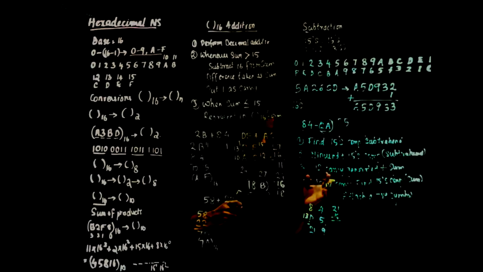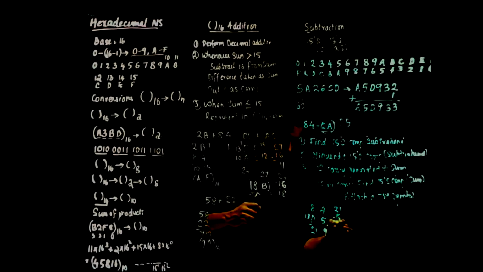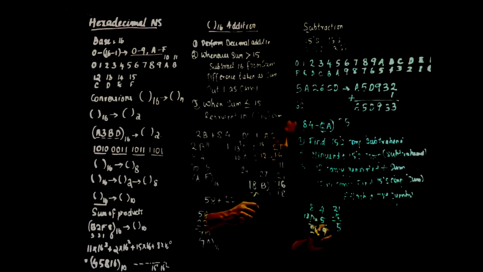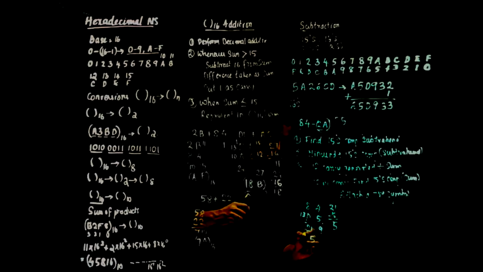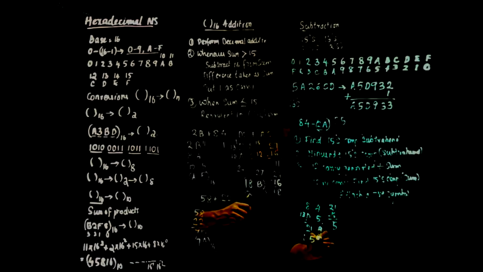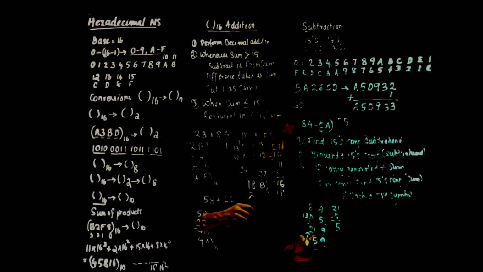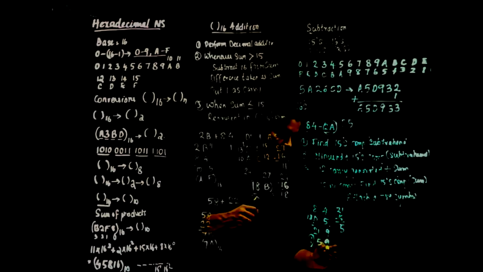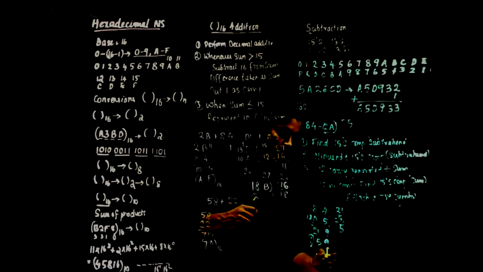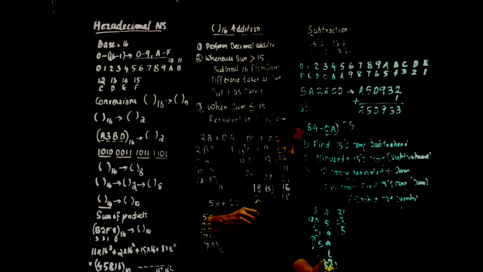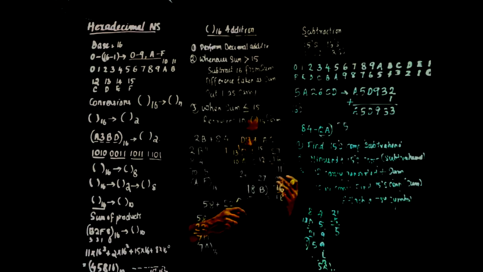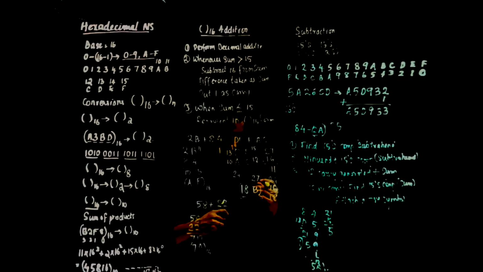On subtracting 16 we will get 5 and a carry 1. So, this will be like 1, 5, 9. When a carry is obtained, add it with the sum. This will give you 9 plus 1 is 10, that is A. So, 5A to the base 16.